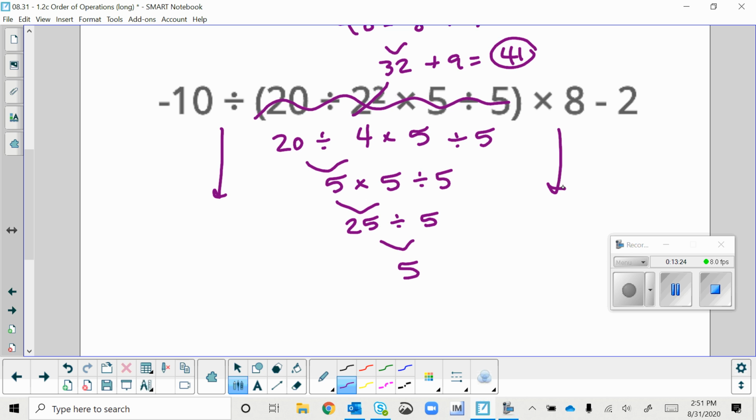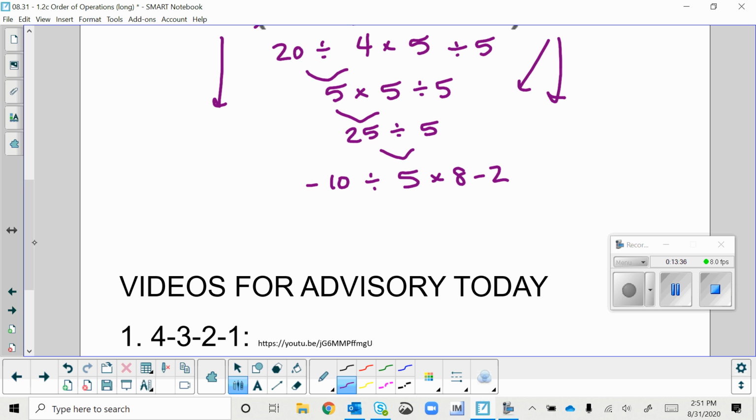So I have -10 divided by the 5 from the parentheses. And then the stuff from the right times 8 minus 2. So now multiplication and division left to right. So -10 divided by 5 is -2. -2 times 8, -16, minus 2 is -18.